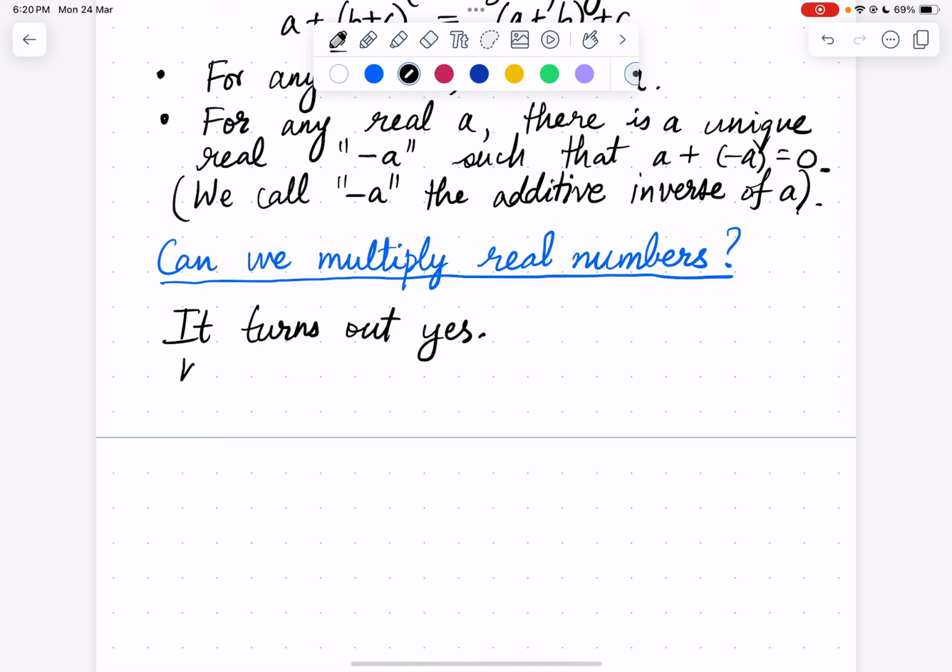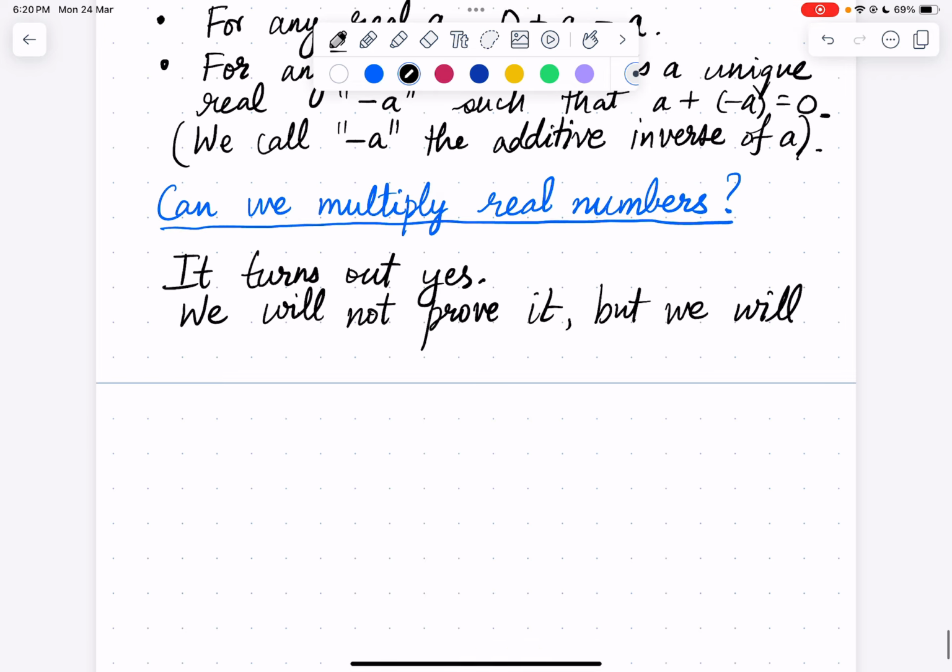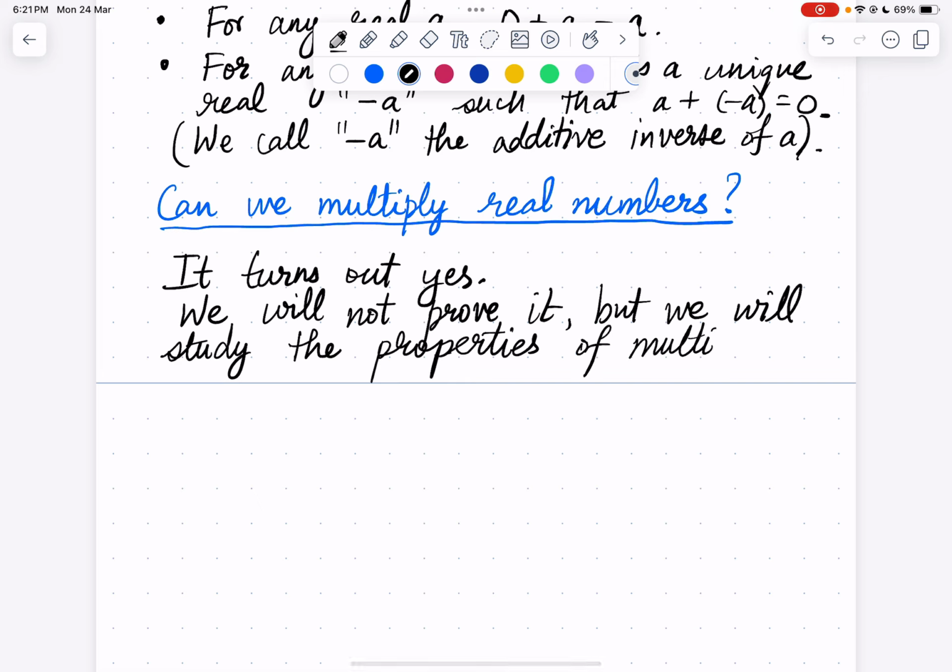We will not prove it, but we will study the properties of multiplication. Any 2 points on the number line can be multiplied in a natural fashion.